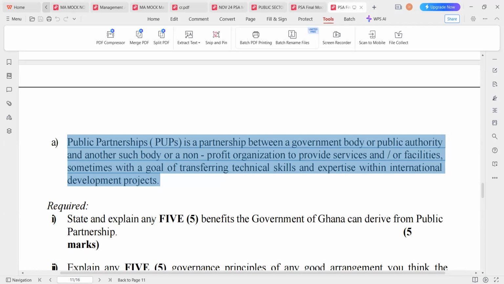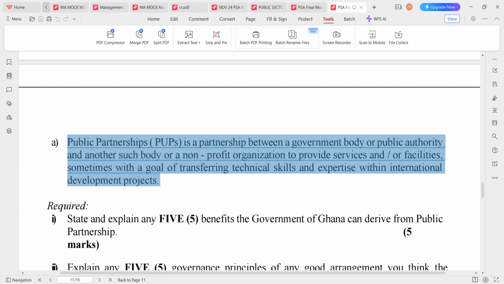Now, public-private partnership is under IPSAS 32. It's an example of service concession. So even though PPP is not on its own, we can hide under IPSAS 32 and drop a full question on PPP.